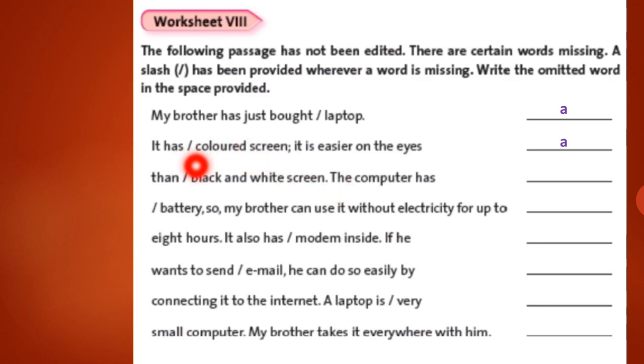It has a colored screen. Colored has the K sound, and K is a consonant, so we use a.